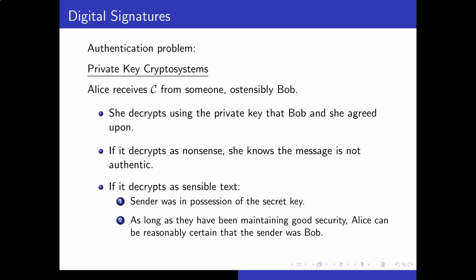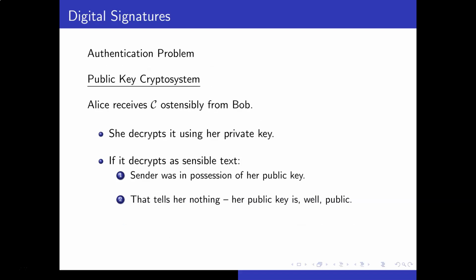All right, now, in a public key system, things change. So Alice receives her ciphertext, and Bob says he sent it. So she decrypts it using her own private key, which Bob is not in possession of. Well, if she decrypts it and she gets sensible text, unlike before, that doesn't tell her anything.